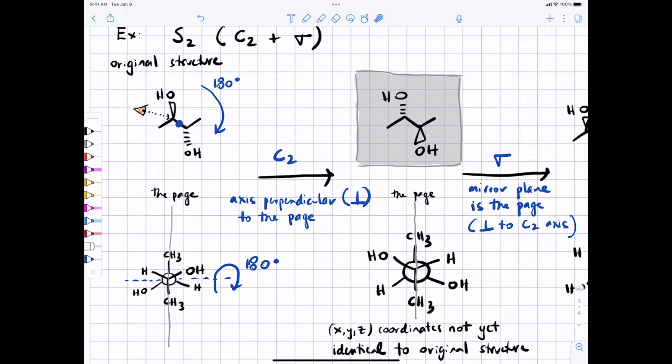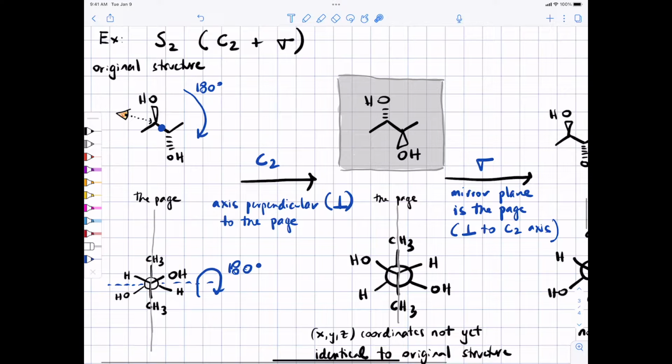This is just steering wheel action, right? Everybody okay with that? Similarly, if you do that here, you take the methyl group in the back and pull it forward to become the methyl group in the front. Notice that after that C2 rotation, the XYZ coordinates are not identical. The OH group that's up here is down instead of up.